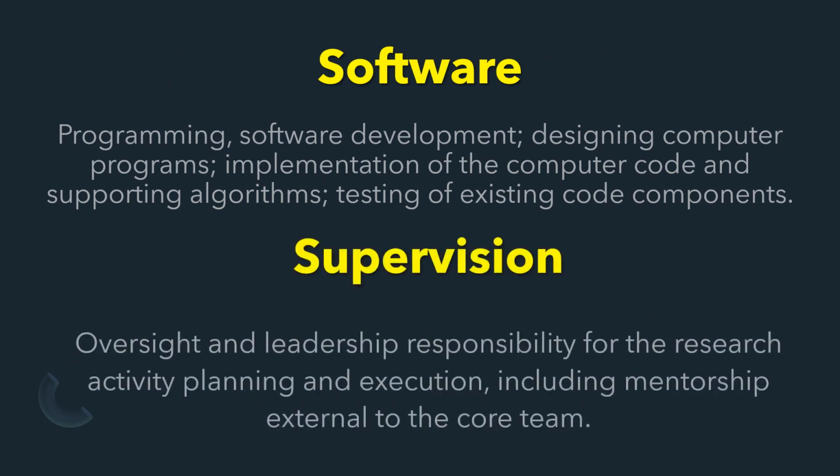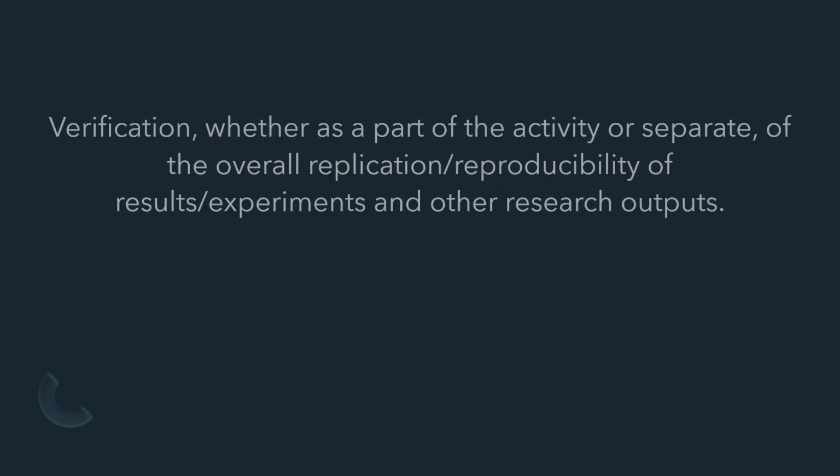Then we have supervision, that is oversight and leadership responsibility for the research activity planning and execution, including mentorship external to the core team. Then we have validation, that is verification, whether as a part of the activity or separate, of the overall replication and reproducibility of results, experiments and other research output.